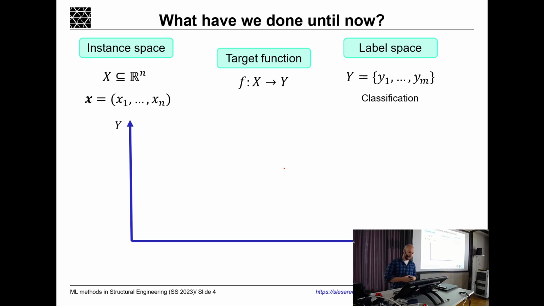What does it mean? Imagine that this is the instance space, and this is our label space. I draw it, of course, in a one-dimensional way. Our instance space is usually much more dimensional than 1D, but I'm just drawing it like that.